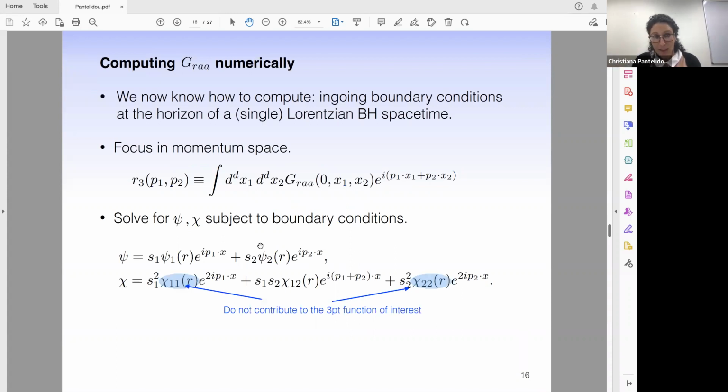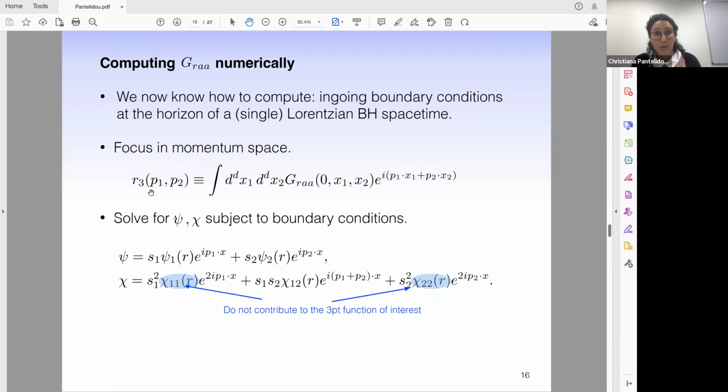So as I just said, since we know we are allowed to do the calculation by imposing ingoing boundary conditions, we'll take advantage of that. So we'll be considering a single Lorentzian black hole spacetime, and we'll be solving the two boundary value problems that we saw before for psi and for chi on this geometry.